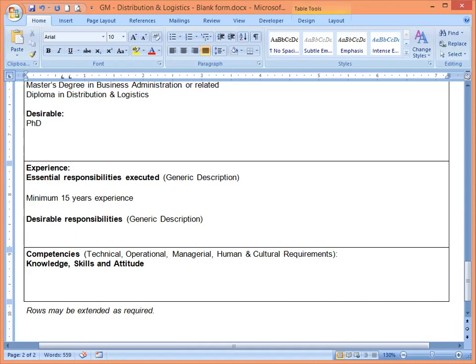Experience in FMCG. So the person has experience in fast moving consumer goods. Okay. We can also say slash distribution and logistics, D and L. Okay.